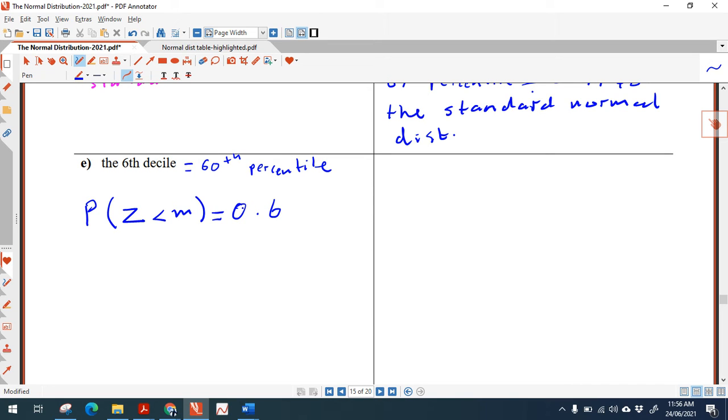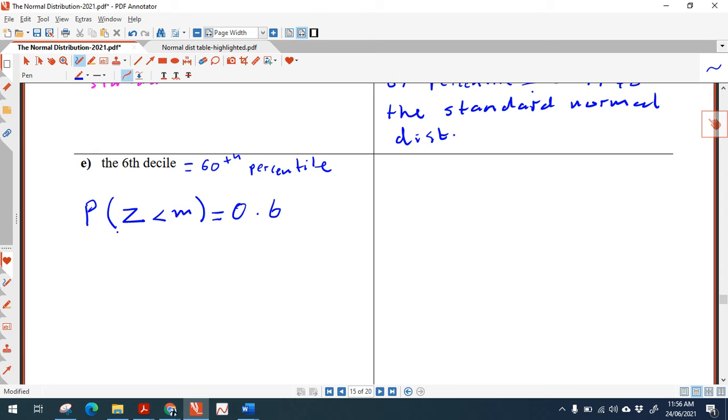So we want to find the number on the z distribution axis, or the horizontal axis, where 60% of the data is below that. Okay, so we want to go to the table, find the number in the table which is 0.6, and see which z-score corresponds to that.